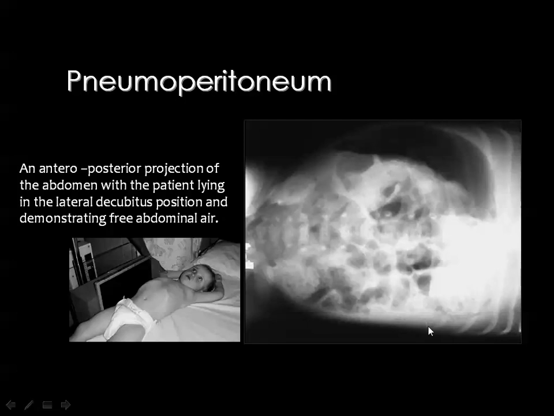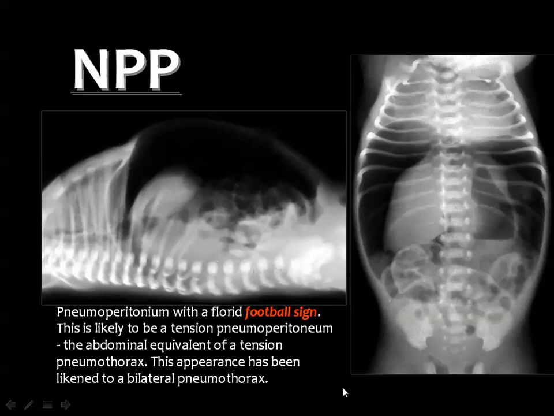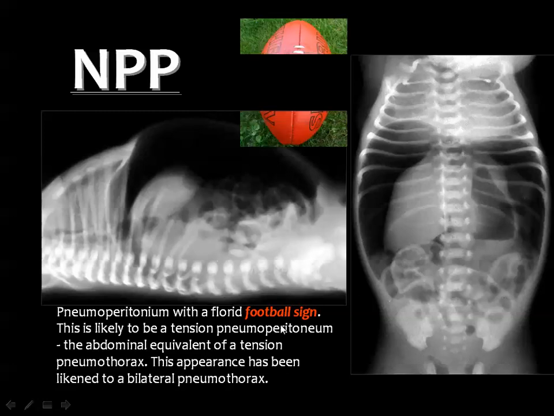If not, then you can image the patient from his lateral aspect, and then you can see air between the liver and the diaphragm, or between the anterior abdominal wall and the viscera. And sometimes the air is great within the abdomen, resulting in displacement of the organs to the mid part of the abdomen, which is known as the football sign.